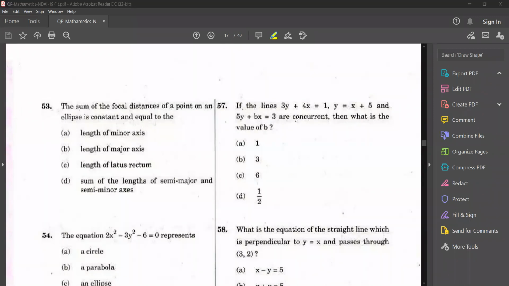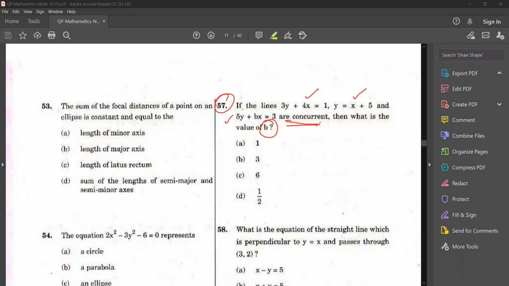If the lines 3y plus 4x equal to 1, y is equal to x plus 5, and 5y plus bx equal to 3 are concurrent, then what is the value of b? Question number 57. What do you mean by concurrent?